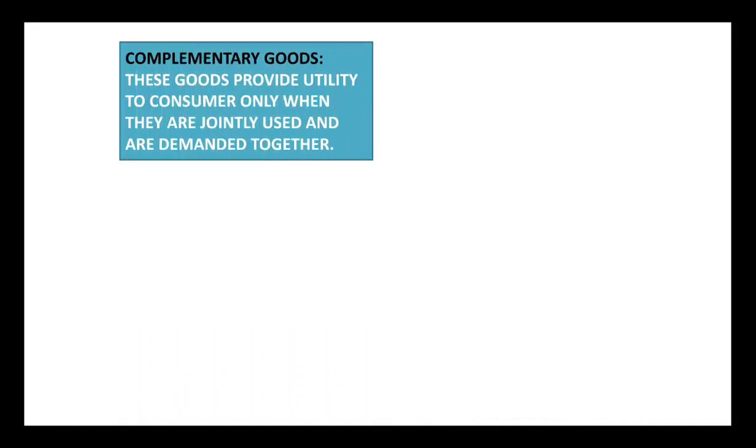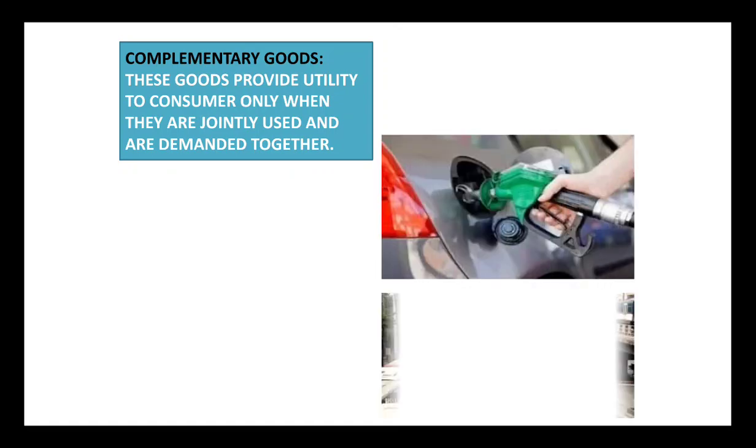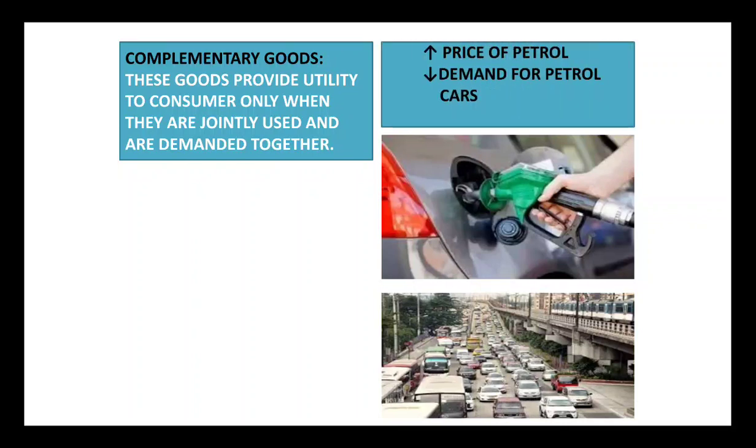The next is complementary goods. What kind of goods are complementary? Like petrol and car, diesel and car, pen and ink, which work jointly together, which are used together in the process, right? So they complement each other. And again we can say that whenever the price of petrol increases, the demand for petrol cars also decreases.